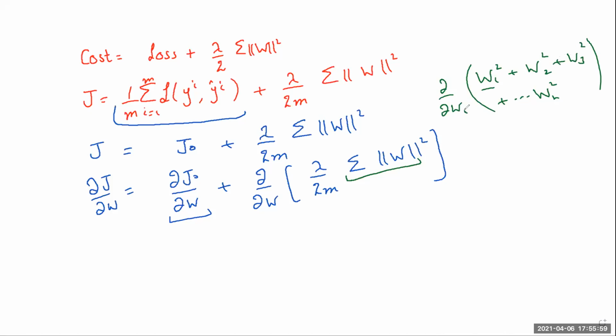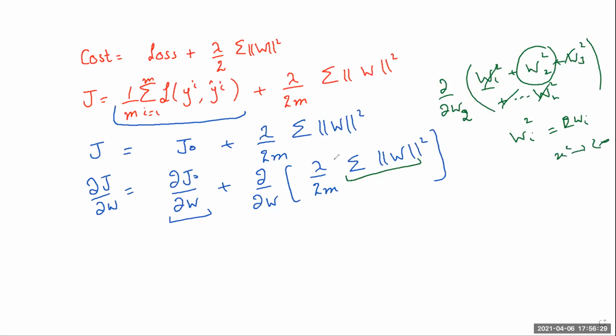Similarly, if I take the derivative with respect to W2, all the other terms are constant, so their derivative is 0, and I will effectively be taking the derivative only with respect to the term which involves W2, right? So if we take any example, say Wi, all the terms except Wi would map to 0, and the derivative of Wi square would be 2 times Wi, right? Just like the derivative of x square is 2x. So it's the same thing.